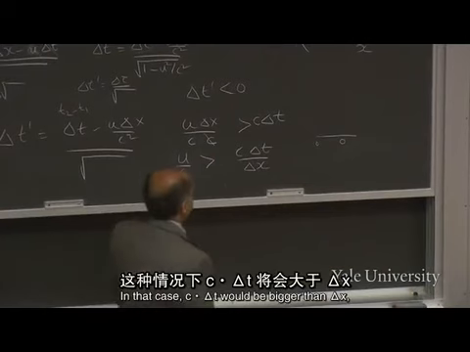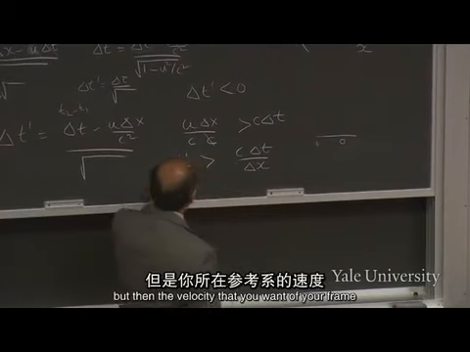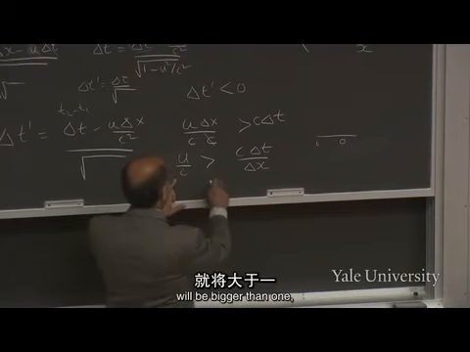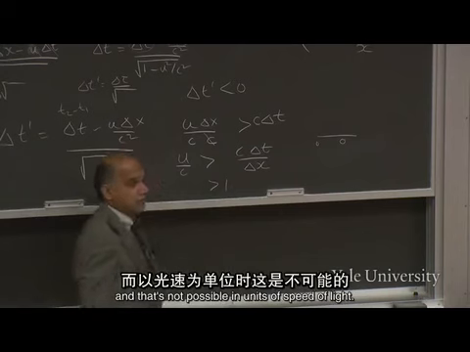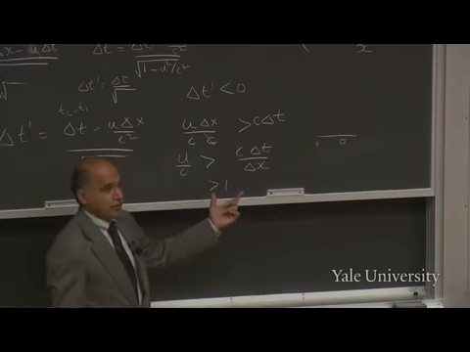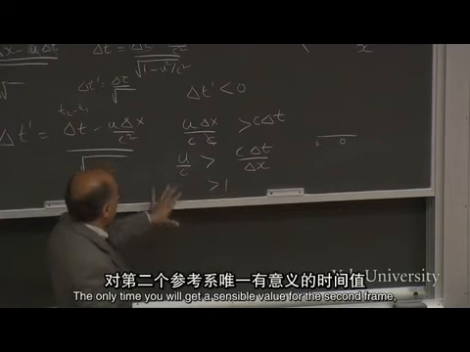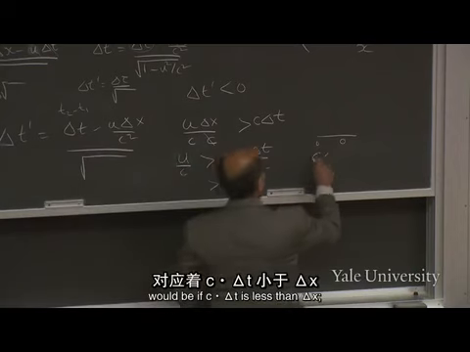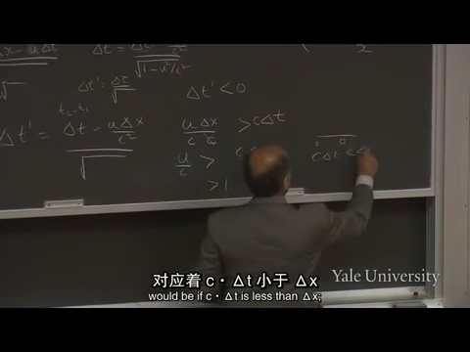In that case, c delta t will be bigger than delta x, but then the velocity that you want of your frame will be bigger than 1, and that's not possible in units of the speed of light. The only time you will get a sensible value for the second frame, namely with u over c less than 1, would be if c delta t is less than delta x.